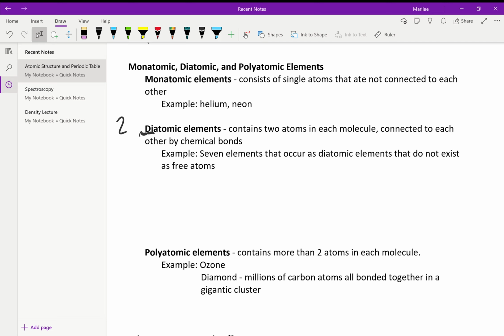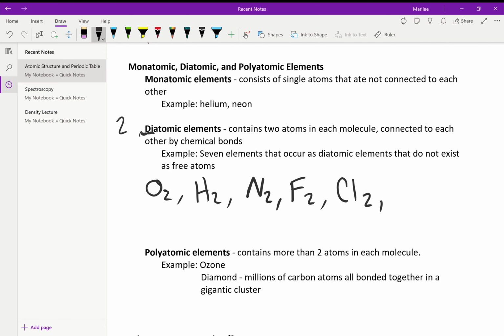These 7 are oxygen, appears as O2, hydrogen, H2, nitrogen, N2, fluorine, F2, chlorine, Cl2, bromine, Br2, and the last one is iodine, which is I2.